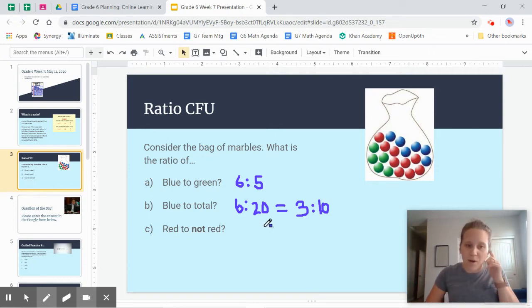Okay. What about the ratio of red marbles to not red marbles? Okay, write down your idea. I know there are 9 red marbles. How many not red marbles are there?